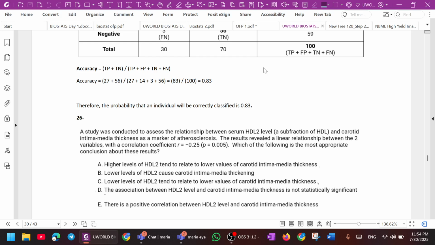Lower level of engineering. Higher level HDL, lower to bond level.